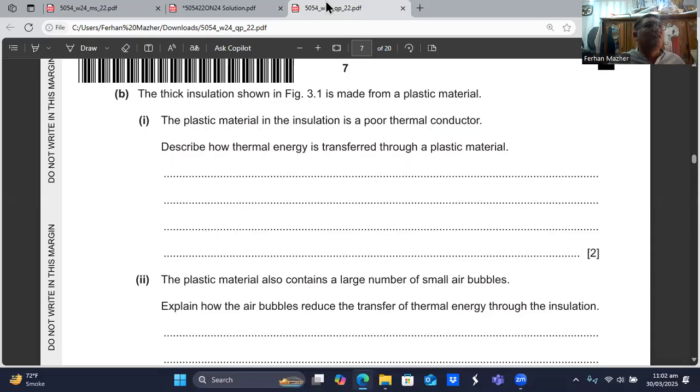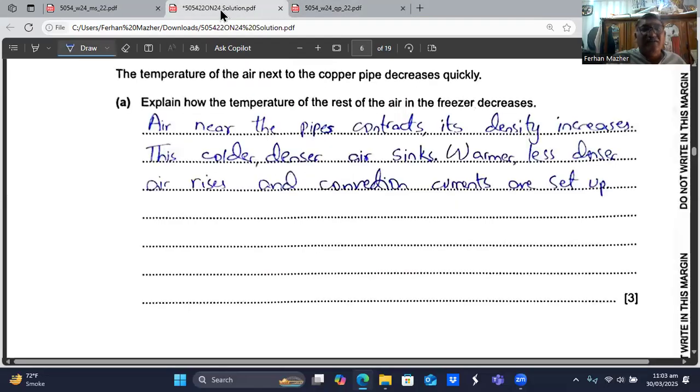Because of larger amplitude of vibration, they will collide with their neighboring atoms or molecules, and make them vibrate vigorously too. In this way, from the hotter end, the energy through the vibration of the particles is transferred to the colder end. So this is a 2 marks question. So let's see what Hajra has written.